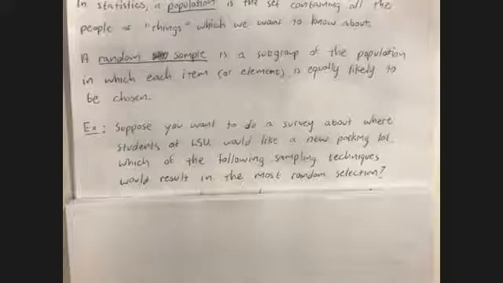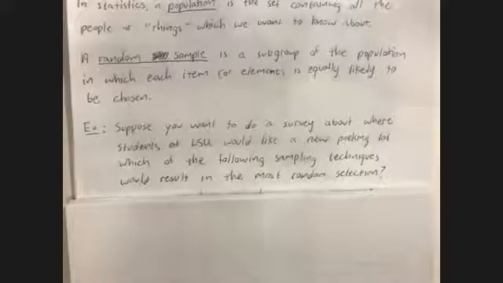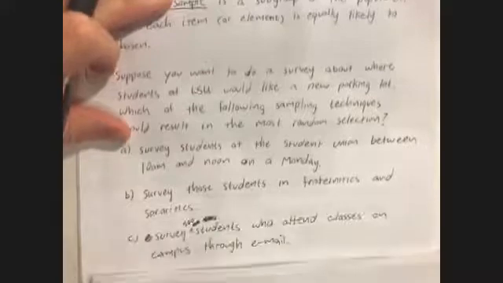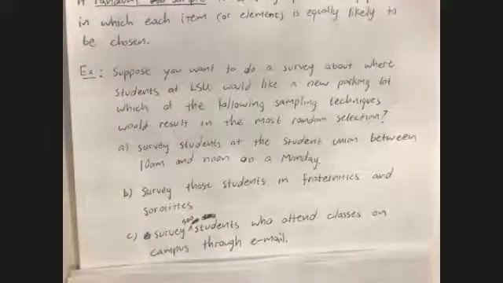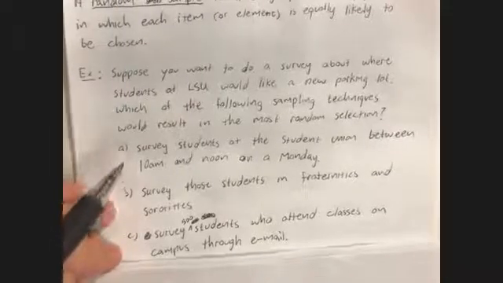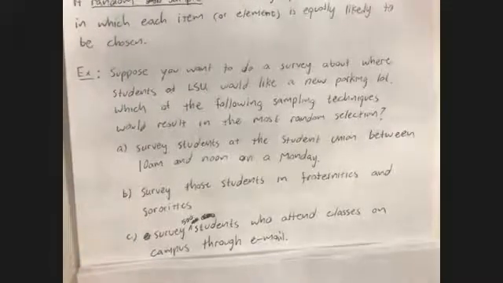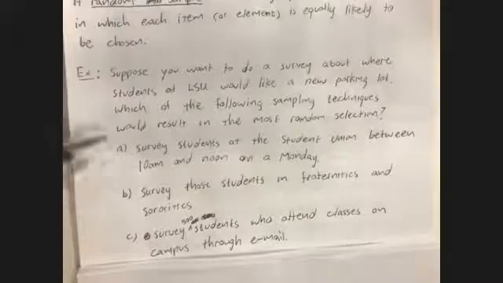So this is kind of a general, broad question, but the question we want to know is, which of the following options would give the most random selection? So we can't ask every single student who goes to LSU. We could try, but that may not be successful. So could we do the following?